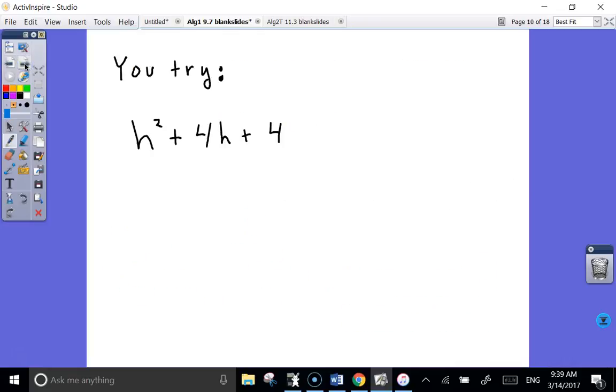So again, you could factor this using the formula, or you could factor it just by however else we learned how to factor something like that. Right? The a is 1.